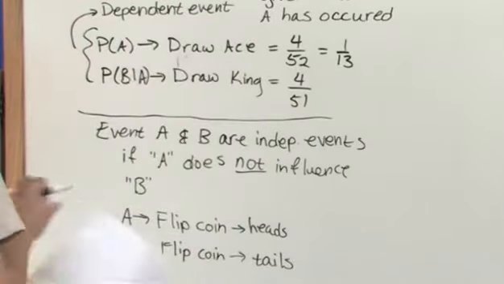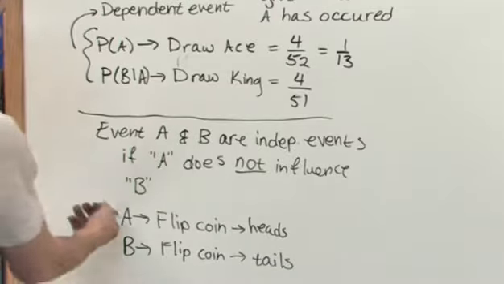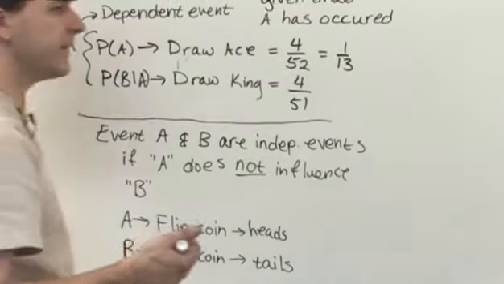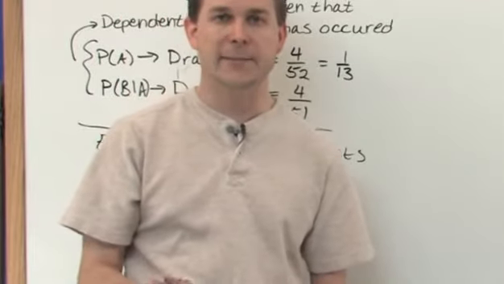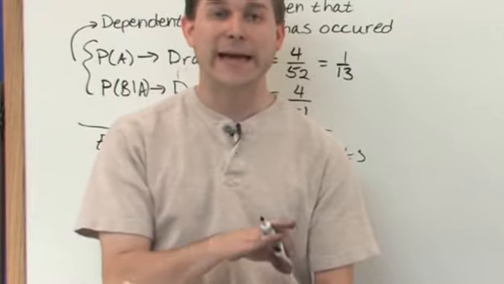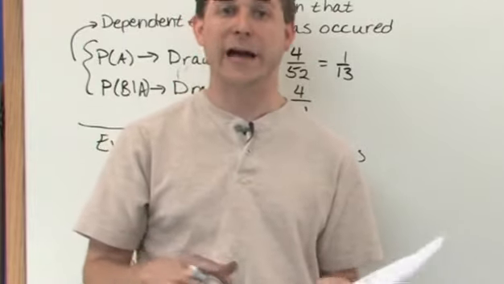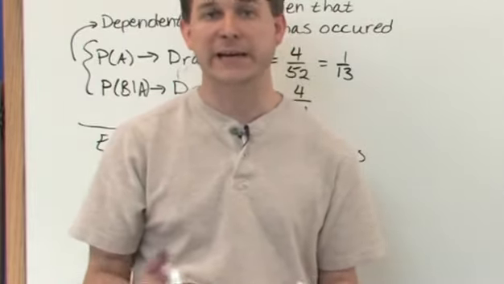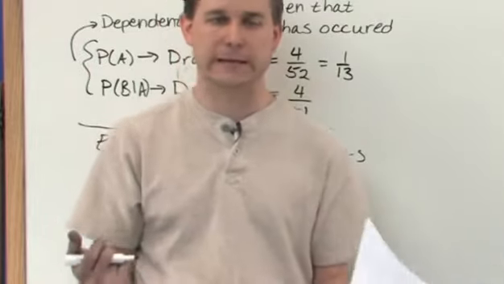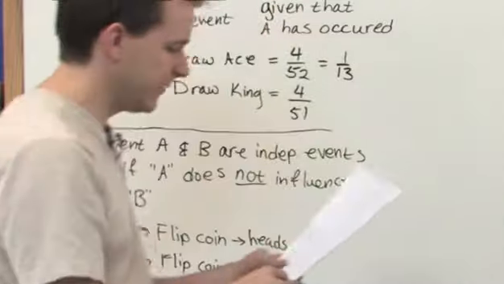You have a coin, you flip it as many times in a row as you want. The fact that I flipped it and got heads the first time has nothing at all to do with the fact that I may get tails on the second flip. So A does not in any material way influence event B, because you're not removing anything from the system. You're not changing anything. So these things are called independent events, okay?